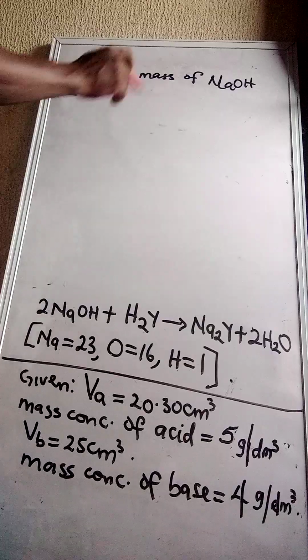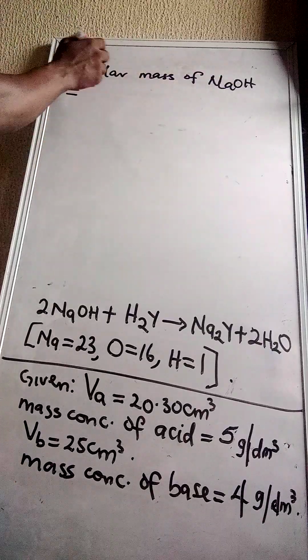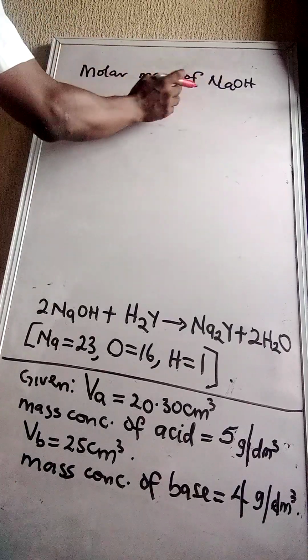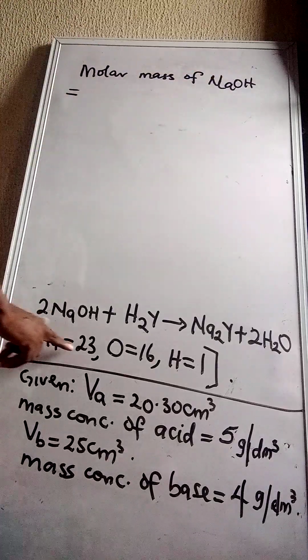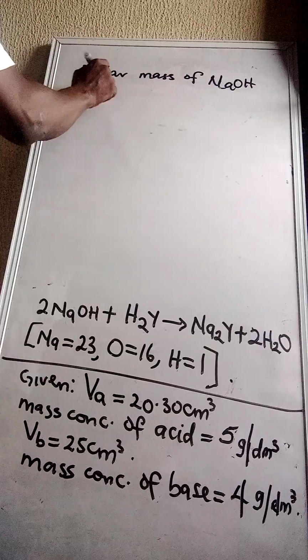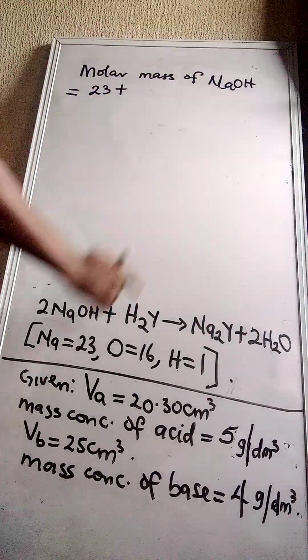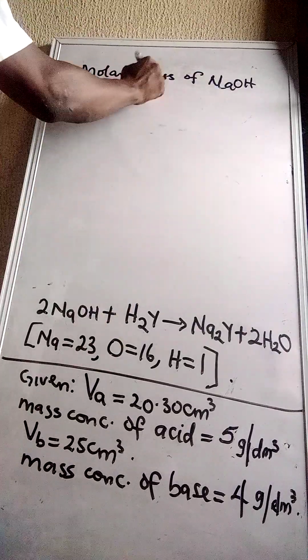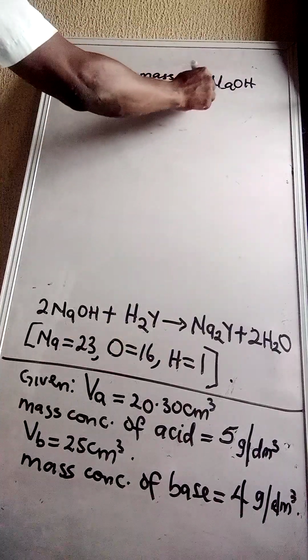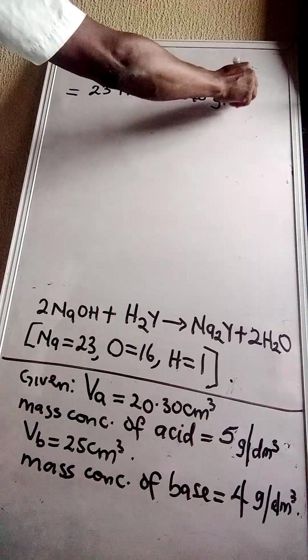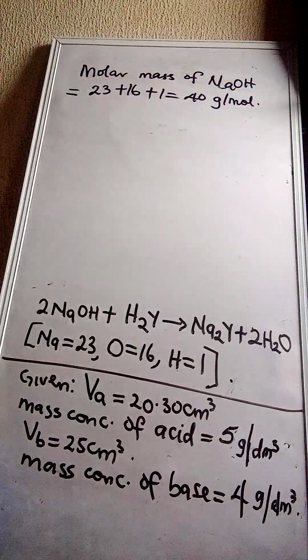To find the molar mass of sodium hydroxide, we are going to add the relative atomic masses of the elements together. Sodium is 23. Oxygen is 16. Hydrogen is 1. That will give us 40 grams per mole. That's the molar mass of sodium hydroxide.